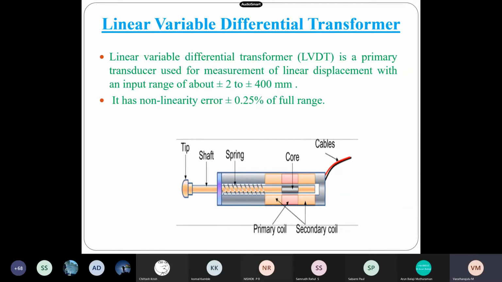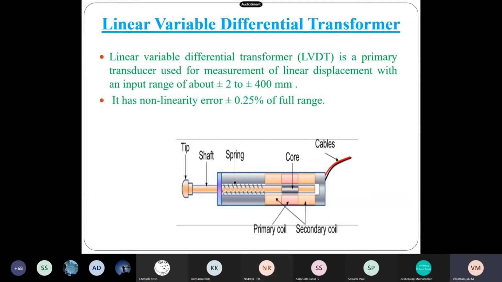But when we have the core at its right side, let this be S1 and this be S2, that is coil 1, let it be C1, and coil 2, let it be C2. Here, when we keep the core nearer to the right side, the EMF produced in coil 2 is greater than the EMF produced in coil 1.